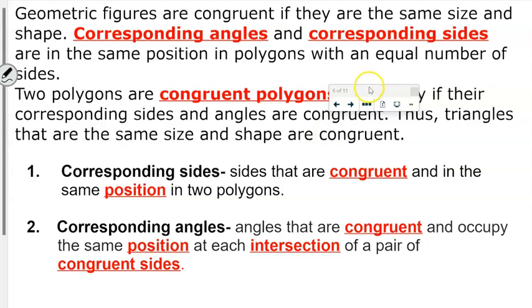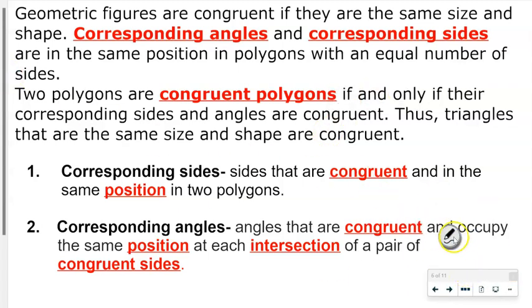All right, so the next part of the lesson is we're going to talk about geometric figures are congruent if they are the same size and shape. Key here, they got to be the same size and the same shape, okay? Corresponding angles and corresponding sides are the same position in polygons with an equal number of sides. So two polygons are congruent polygons if and only if their corresponding sides and angles are congruent.